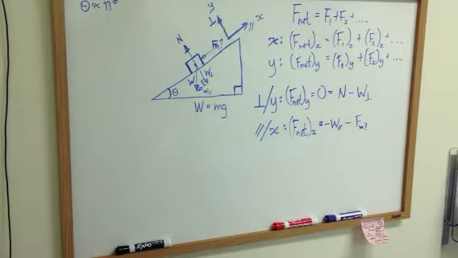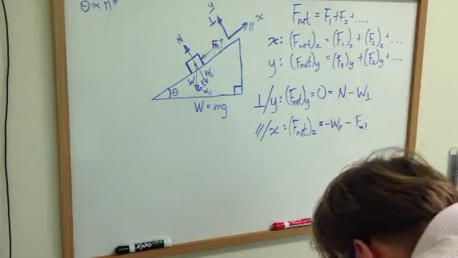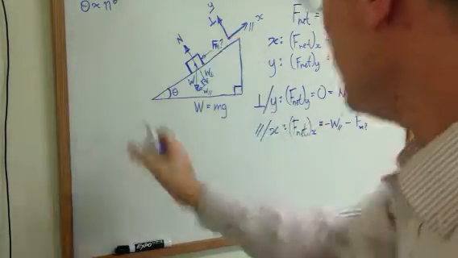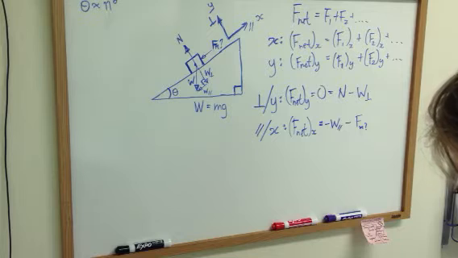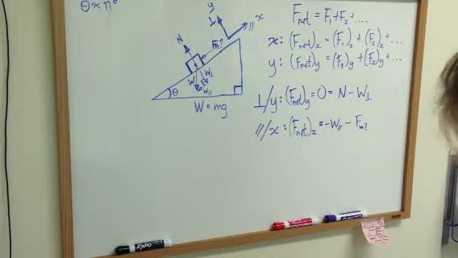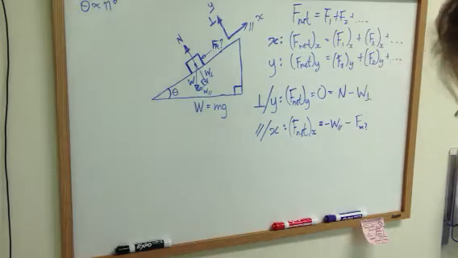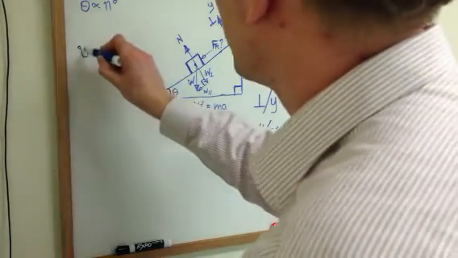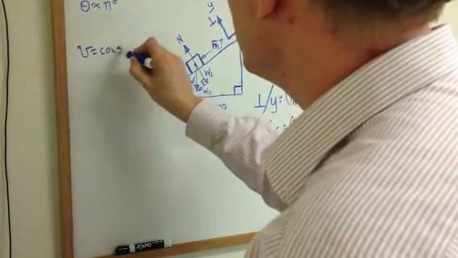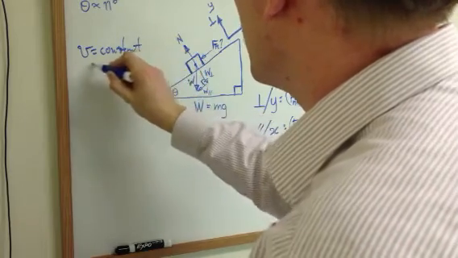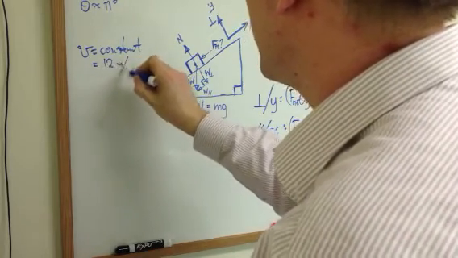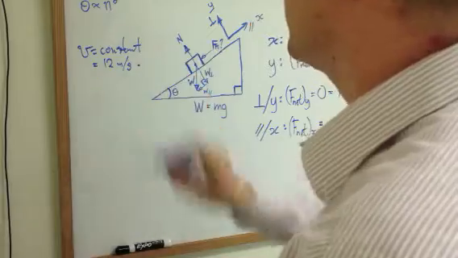Is there an acceleration? Here's where we have to be careful of language. This piano is moving down the ramp, but it actually says that it's moving down the ramp at a constant velocity. The velocity is equal to a constant, and it gave me a value of 12 meters per second, but that's not relevant.